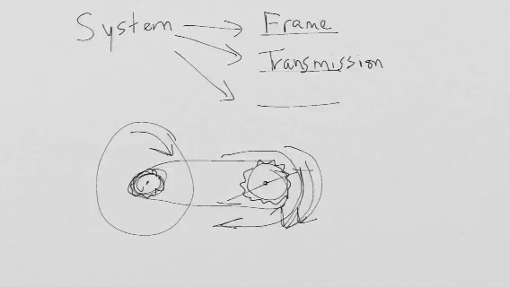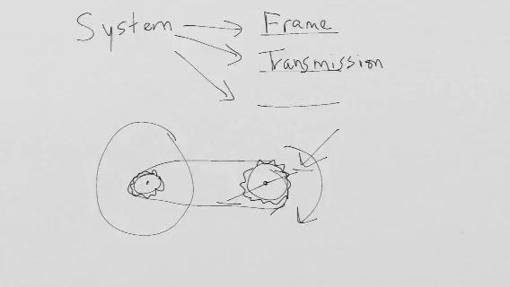So what we're doing here is we're transmitting an input motion from the pedals to the back wheel to make the wheel turn. Oftentimes machines that have motion in them will have something to input the motion, and it'll transmit the motion to somewhere else.